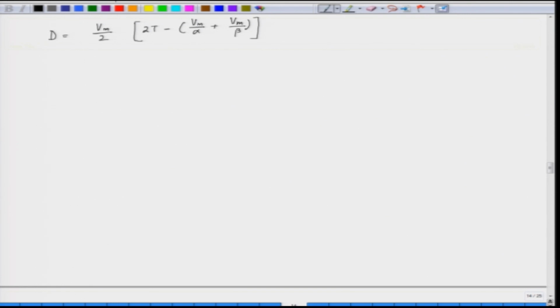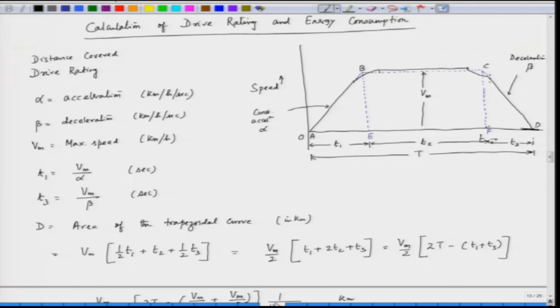Vm is in kilometer per hour, but the time is in second. So, we have to divide this by 3600 if we want to obtain the expression in kilometer. So, we also have to divide this by 3600 to get that into kilometer. So, 1 by 3600, and this will be in kilometer.